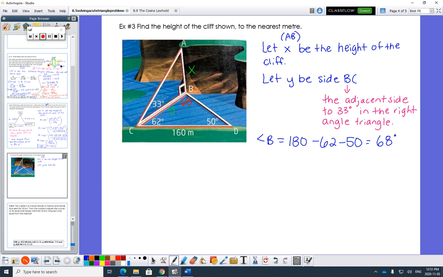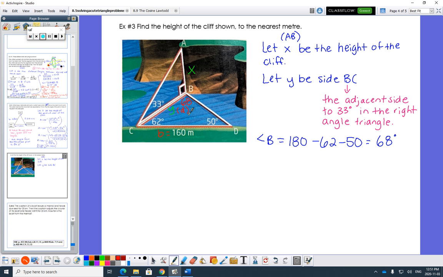So this is side B. And we called the adjacent side Y, but what else could we call it? It's side D. Yes, we can find side C, but we don't care. So if you do that, that's fine. It's just more work than you have to, okay?